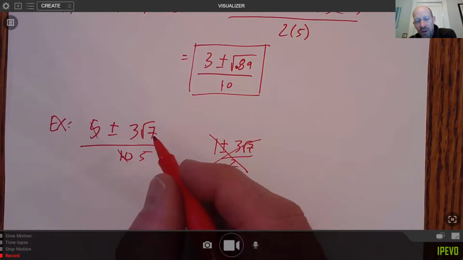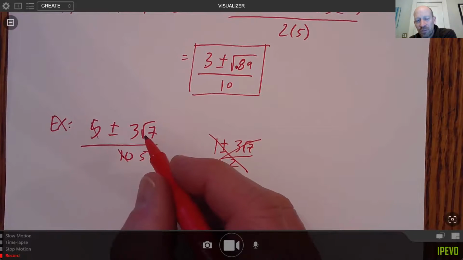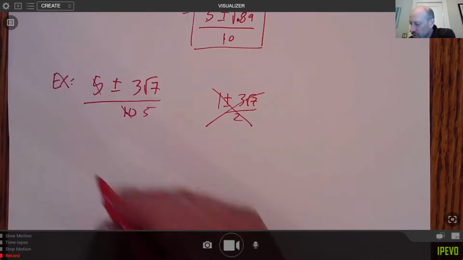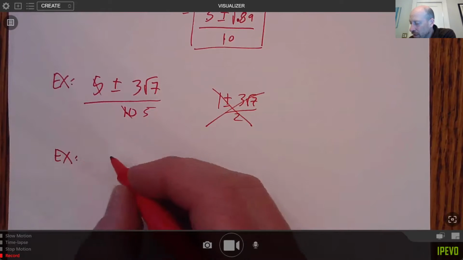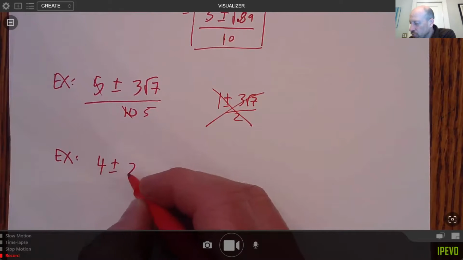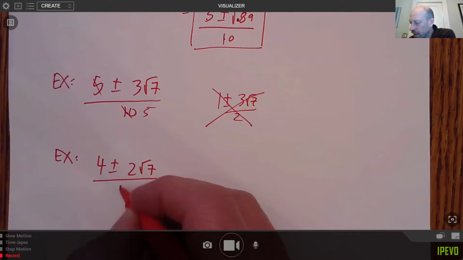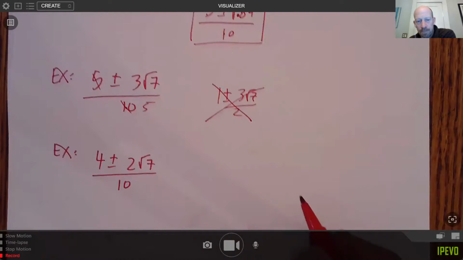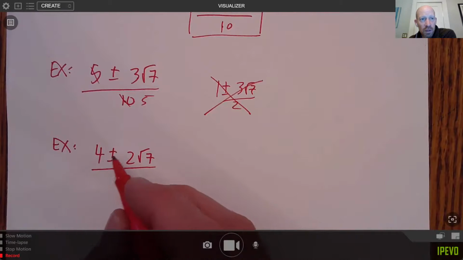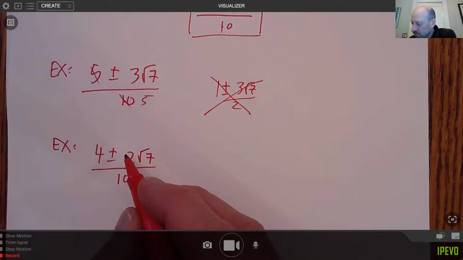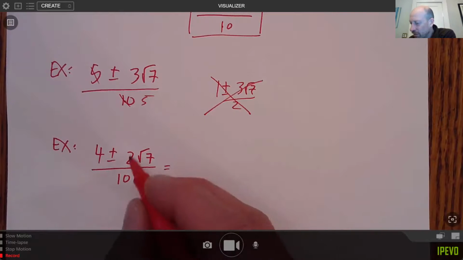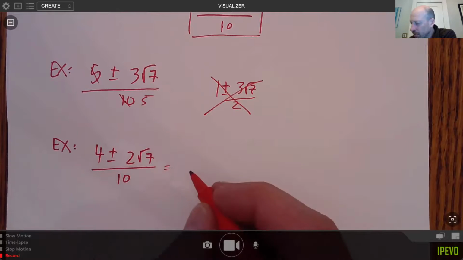So the only way you're going to cancel or reduce something is if you get a common factor in both of these places. So for example, if you ended up with 4 plus or minus 2 square roots of 7 over 10, here I have a factor of 2 in both of these terms. So I can cancel that 2 with the 2 in the denominator.